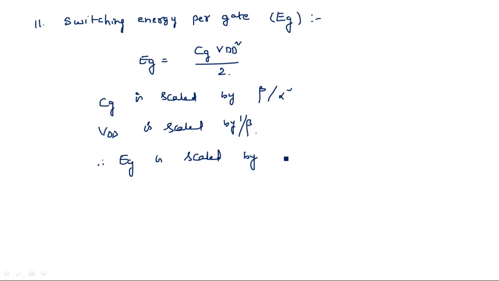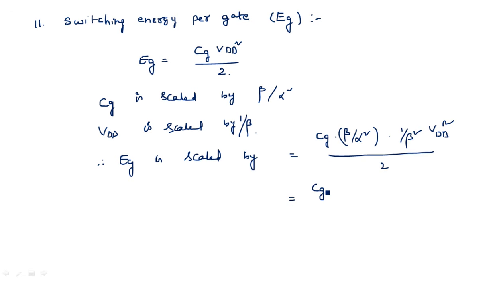If you write here, that is better: CG is scaled by beta by alpha square, into VDD scaled by 1 by beta, but as it is having square, it is VDD square, and divided by 2.